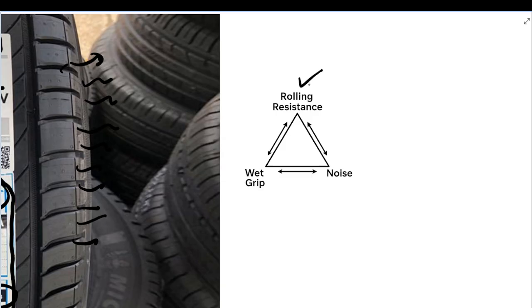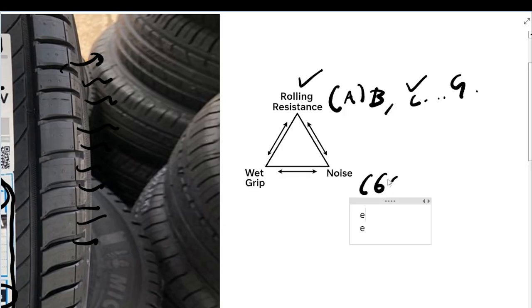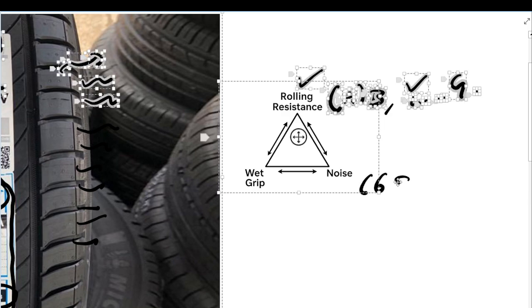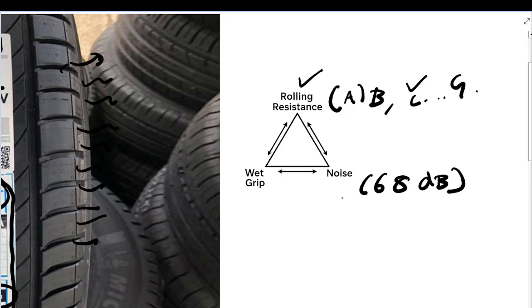You have a rolling resistance index, as I said, like B, example C, etc. up to G. And you have noise labels. In our case, it was a C label tire with 68 dBA noise, and also we have a wet grip index of A. So that is very good.